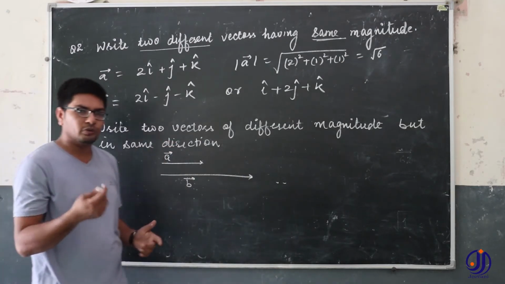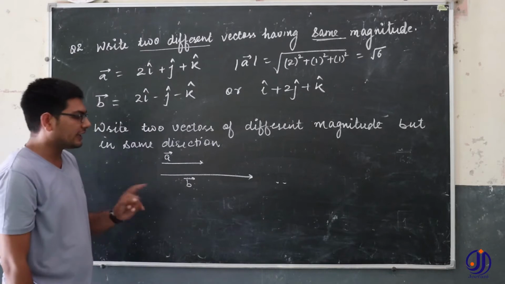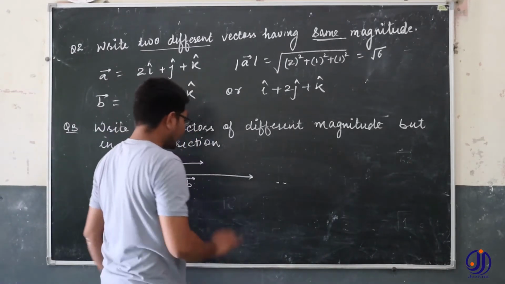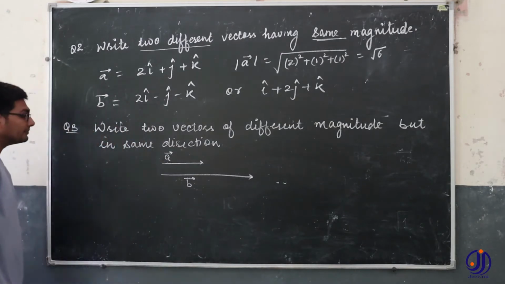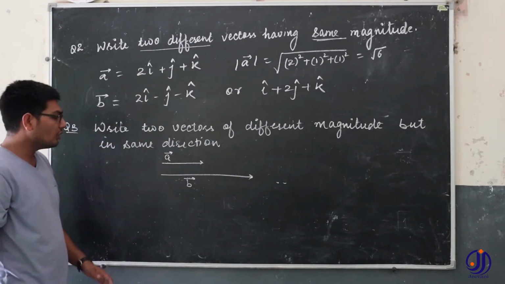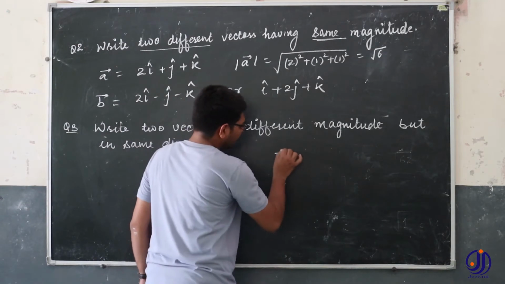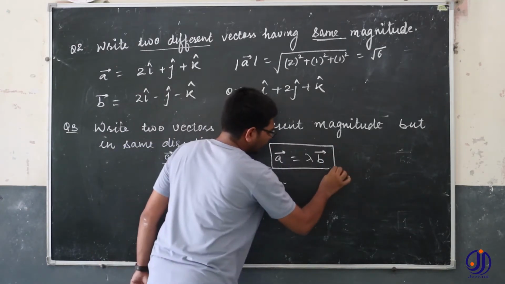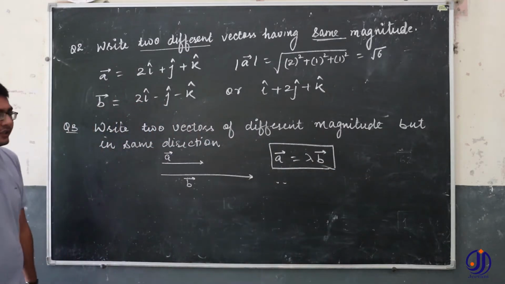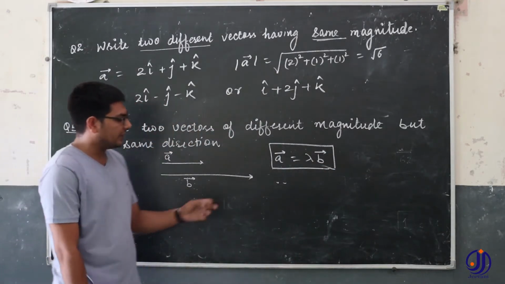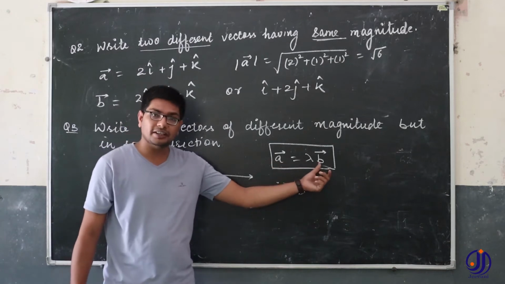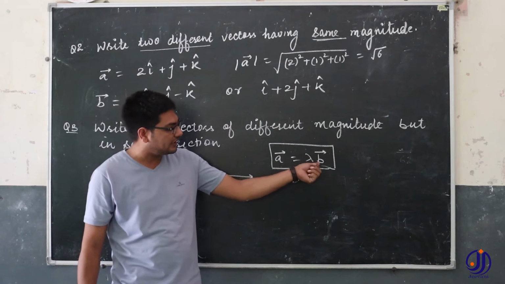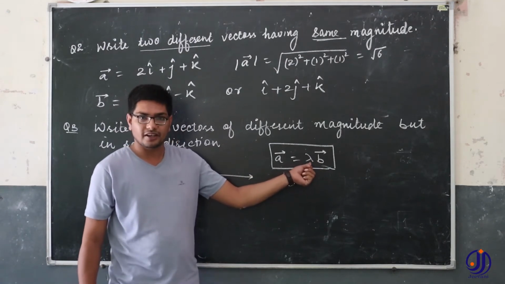Now what we have to do? We have to write it in vector form. So you must keep in mind, for such vectors, vector A is equal to lambda times vector B. If vector A is given as lambda B vector, then you have to keep in mind that vector A and B will be in the same direction, but the magnitude of B is getting multiplied by lambda, right?